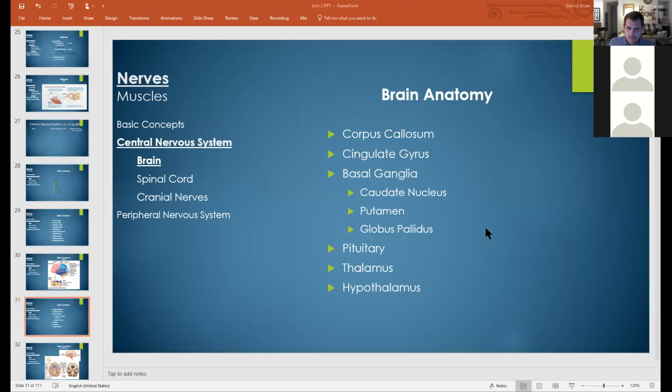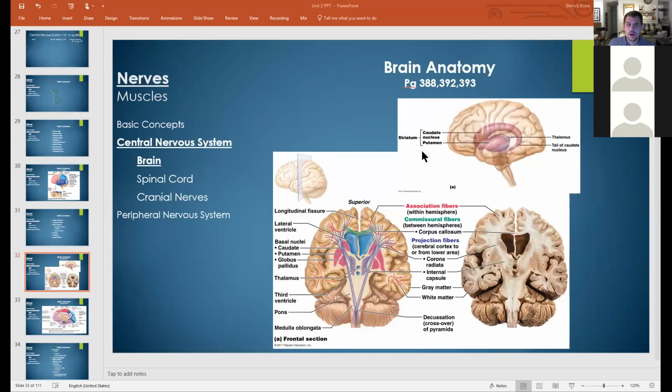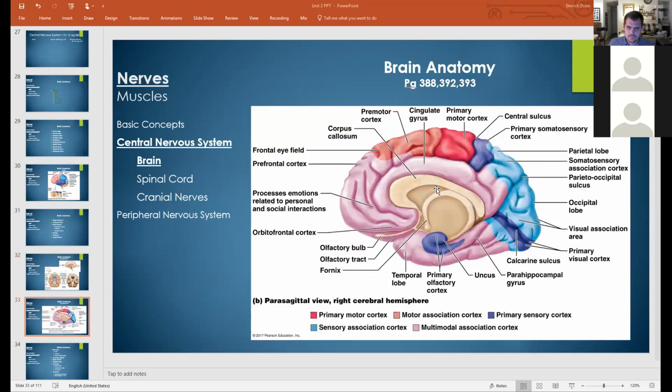Again, if I'd remembered to, I would have boiled down some of the roles of these areas. I'll go ahead and post that up instead of discussing it here. I wish I had a nicer image for where all these things are, so these are your basal nuclei right here. Just be familiar with these areas and what's going on here.